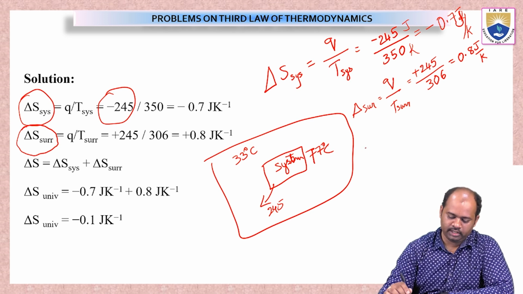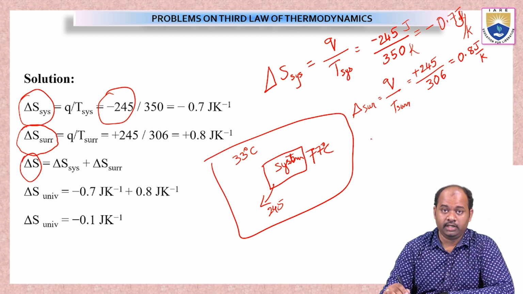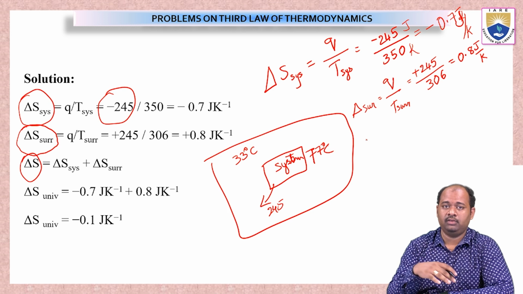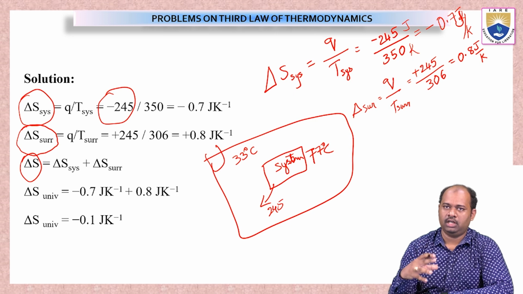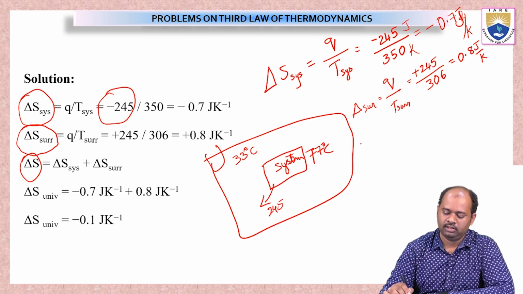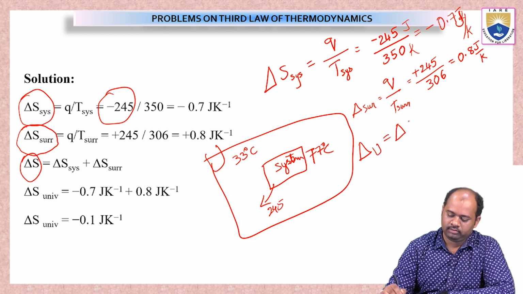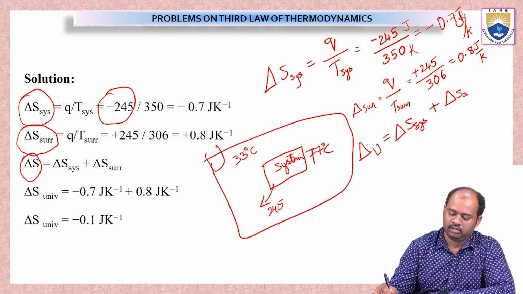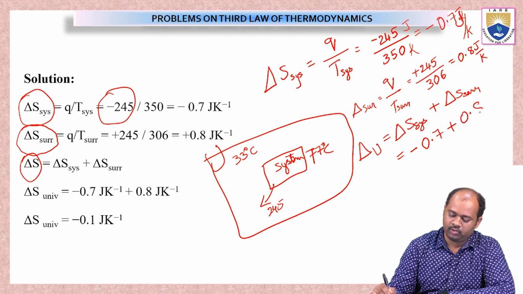Now the third question asked is to calculate the change in entropy of the universe. This entire thing is called the universe, where the surroundings and system are combinedly called the universe. So delta S universe is equal to delta S system plus delta S surroundings. So the system value is minus 0.7 plus the surrounding value of 0.8.